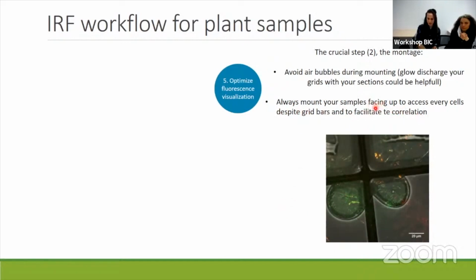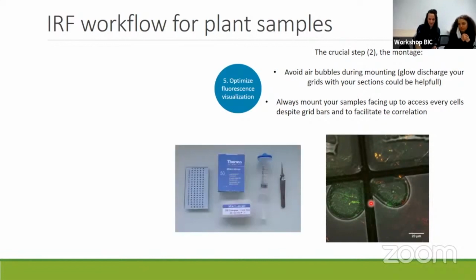This can help in two ways, because you will see the shape of your cells even on top of the grids, which could give you information. Plus, if you mount your samples in exactly the same way each time, it will be easier to find the same orientation of your sample when you go to the electron microscope. Because sometimes it's not very easy to turn the screen of your computer.